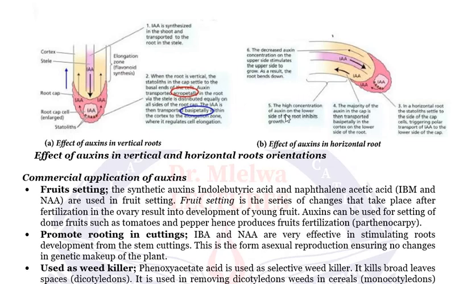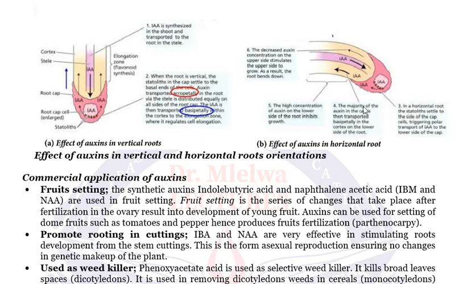But in this diagram, the roots are in horizontal position. So in horizontal position, the auxin traveling from upward, when going down to these statoliths, you see we will have an increased distribution of auxin below this one.